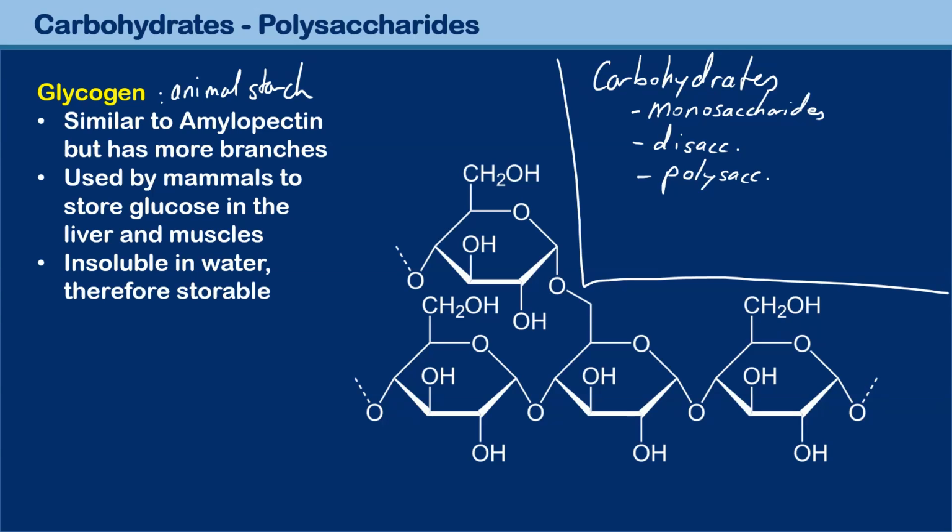These polysaccharides are subdivided again into three parts, namely starch, which I again subdivided into two parts, amylose and amylopectin, then cellulose, and glycogen.